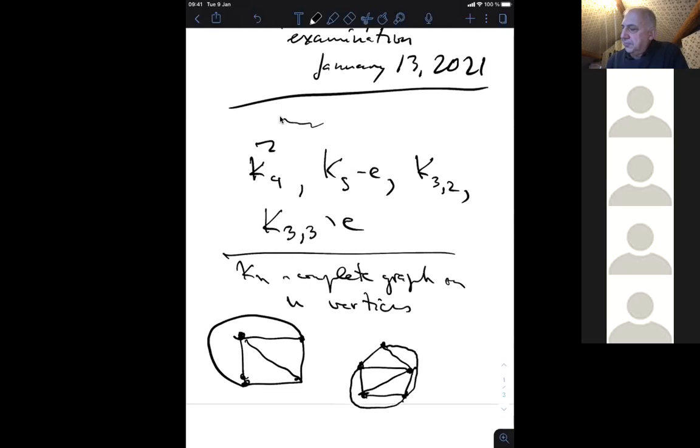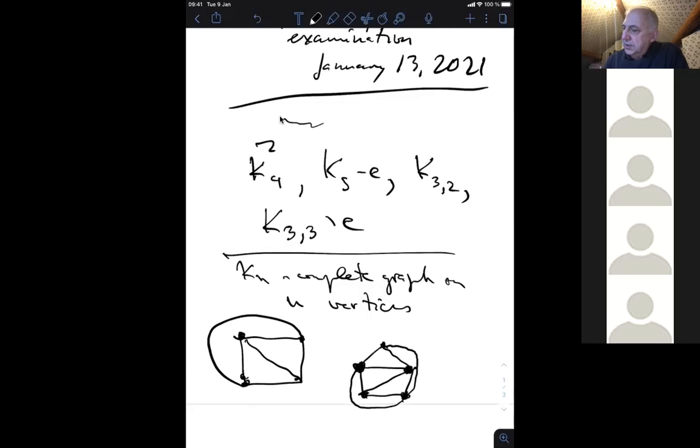So we have to skip one edge only. This is complete, this is complete, and this is also complete.